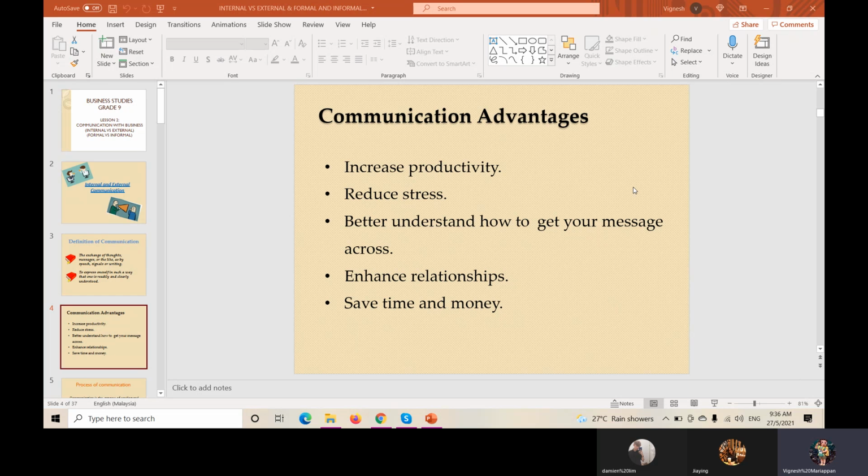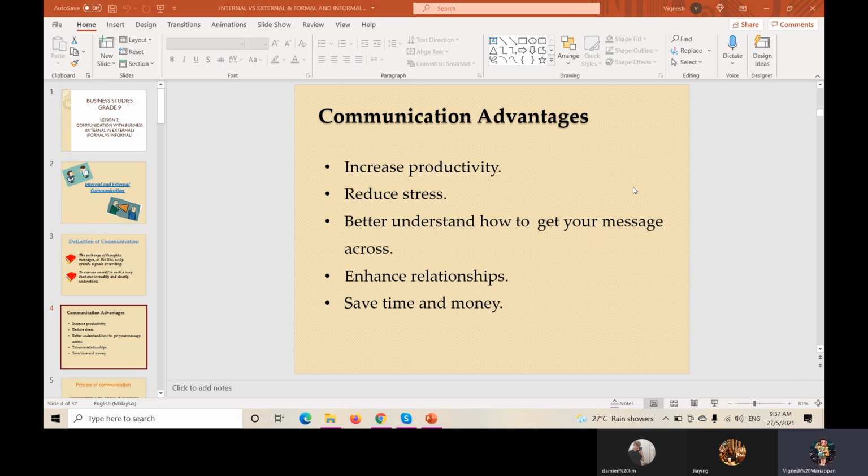Because it will increase productivity in an organization. No matter which organization, in our daily life communication is a part, correct? We all communicate with each other. You communicate with the teachers, I'm communicating with my students, I'm communicating with my family, and you are also communicating with your family, right?